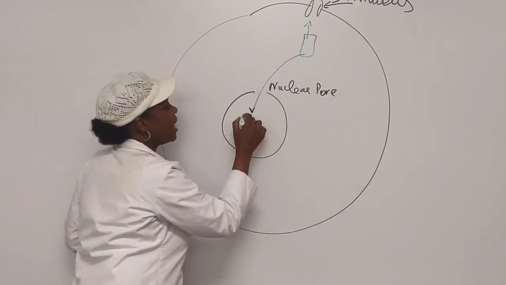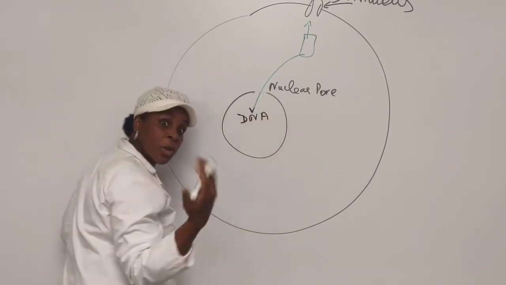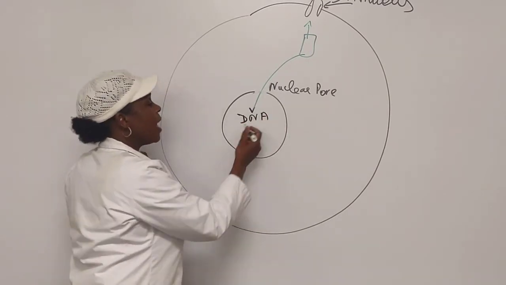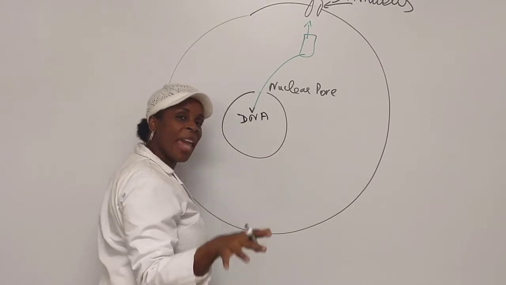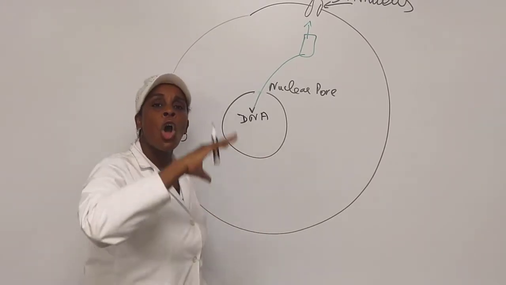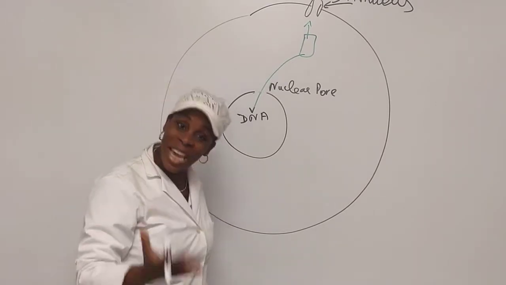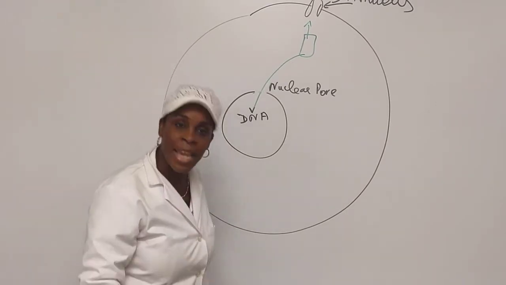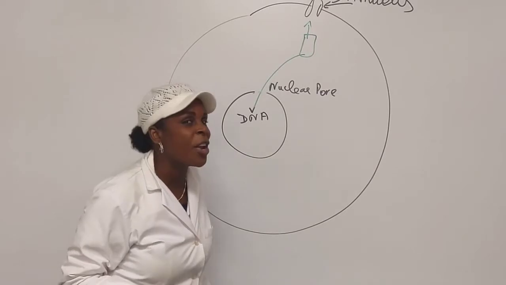In this case, the DNA are what? The books, the recipe books. Now, we have 23 pairs of chromosomes. What does that mean? Just like we said, all the books piled up together represent the DNA in a disorganized manner.